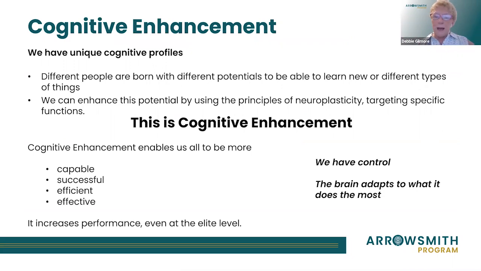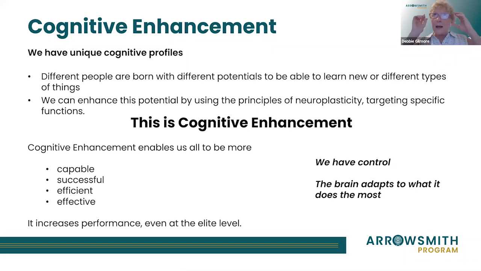Tara also talked about in the last webinar that cognitive functions work on a scale. So we all have different potentials of being able to learn new or different types of things. So there's this scale of what we're able to do, how we're born to be able to learn those things.